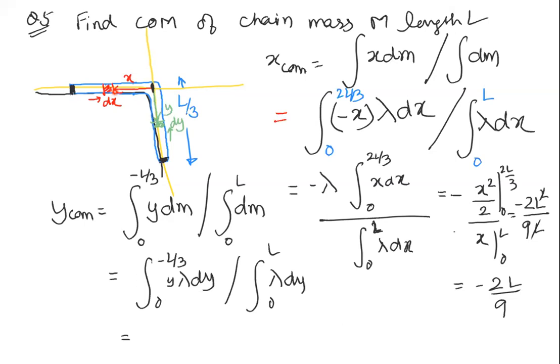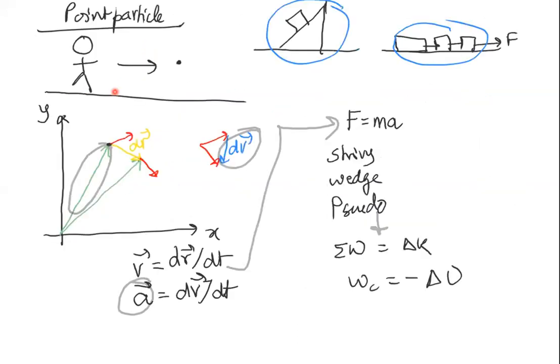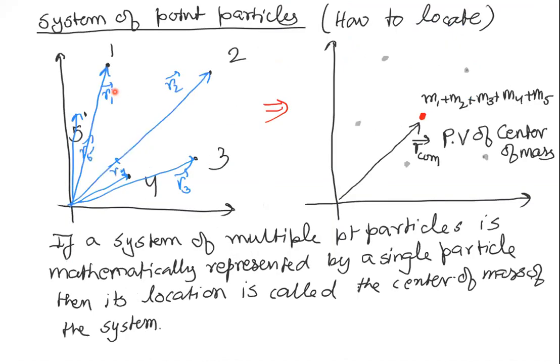Okay, so I'll stop here and slides देख लो भाई. पहला, I don't think you need to probably take a screenshot. First slide, I described what we have done up till now for a point particle. Second, how to locate, basically how to draw the position vector of a system of point particles.